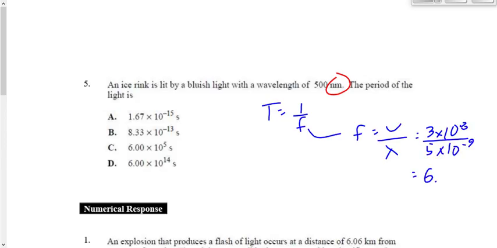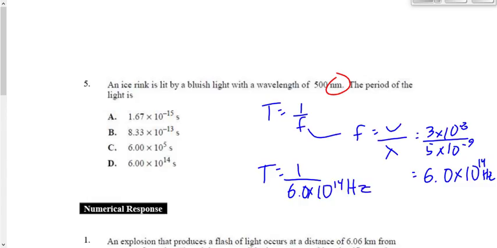That's going to be 6.0 times 10 to the 14 hertz. Once we have that frequency, we can say T is equal to 1 over that frequency, 1.67 times 10 to the negative 15 seconds.